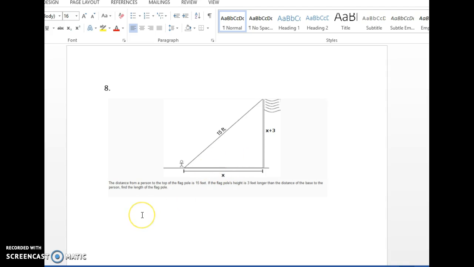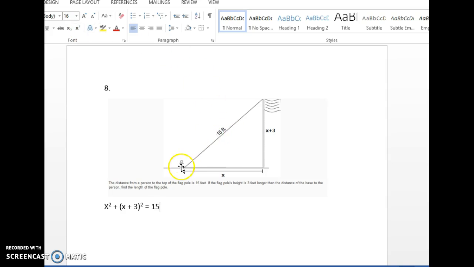So given this picture, and knowing what I know about the flagpole forming a right angle with the ground, I can use the Pythagorean theorem, which says that the one leg, which is this one right here, squared, plus the other leg of the right triangle, which is this one, again squared, has to equal the hypotenuse squared.